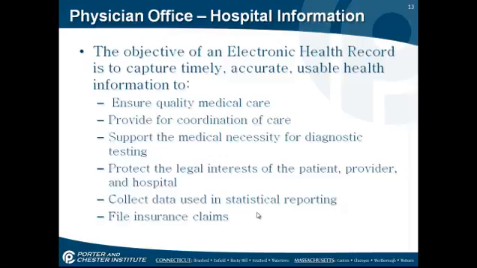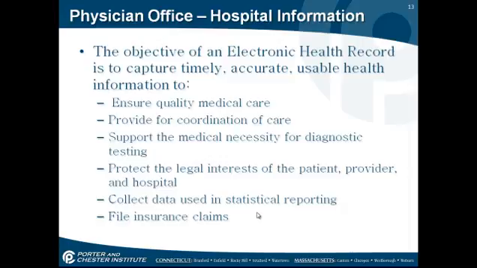When you're looking at a physician office and a hospital, some of the information that's collected is different and some of it is the same. An electronic health record is set into place so that we can capture timely, accurate, usable health information that's going to ensure quality medical care for a patient, provide for coordination of that care between multiple providers, and support the medical necessity for diagnostic testing.